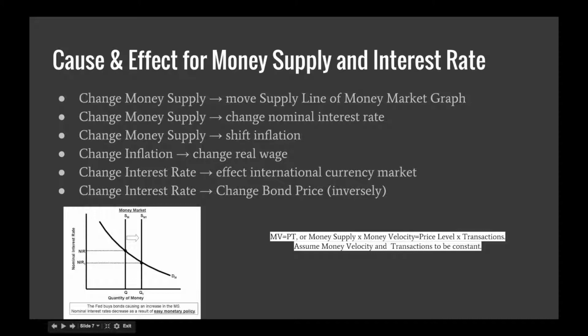Now we'll look at the effects of changing the money supply on the interest rates and inflation. Changing the amount of money in supply obviously shifts the supply line, and we can see on the money market graph that the quantity of money is considered to be very inelastic. In fact, it's perfectly inelastic.